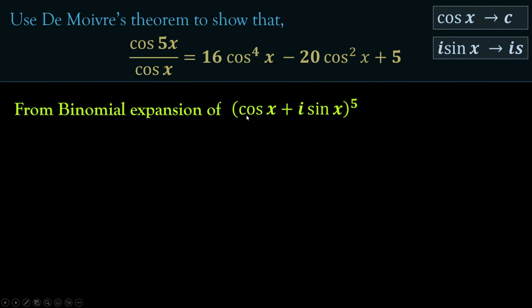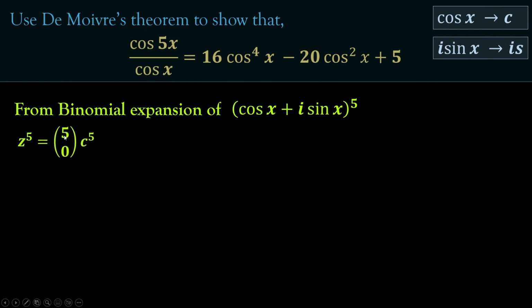Now, in order to make writing easier, we will replace cosine of x with c, and we will replace i sine x with is, just to make life easier. Okay, and so z to the power 5 can be expressed as, it is power 5, so this is our n in binomial expansion, so we can have 5 combination 0. I hope we know what this means.